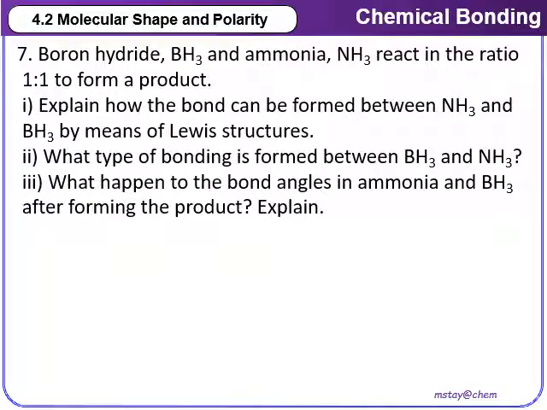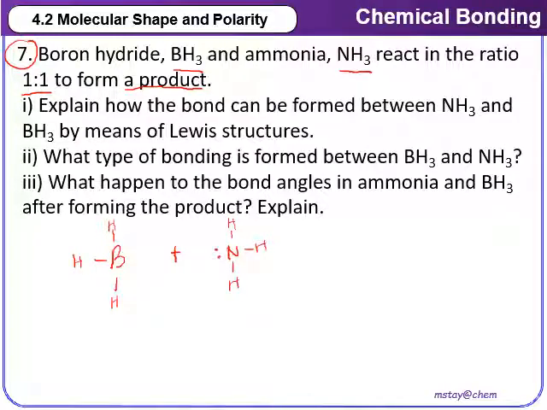Last question in tutorial 4.2, question number 7. Boron hydride BH3 with ammonia will react with the ratio 1 to 1 to form a product. So basically we already have an idea. This is the Lewis structure for the boron hydride with 6 electrons, while ammonia consists of 3 bonding pairs with 1 lone pair electron.